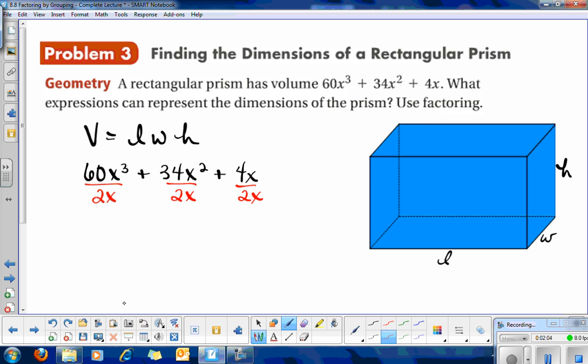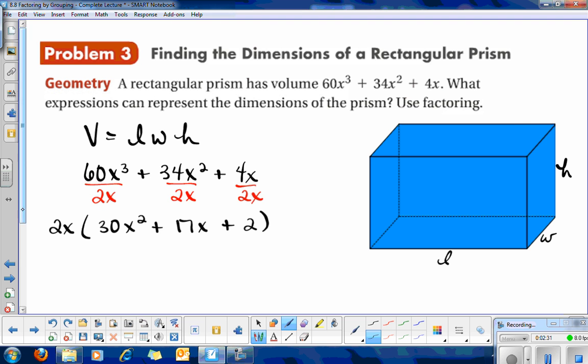So once we do that, the 2x comes out, and then we're left with 30x squared plus 17x plus 2.